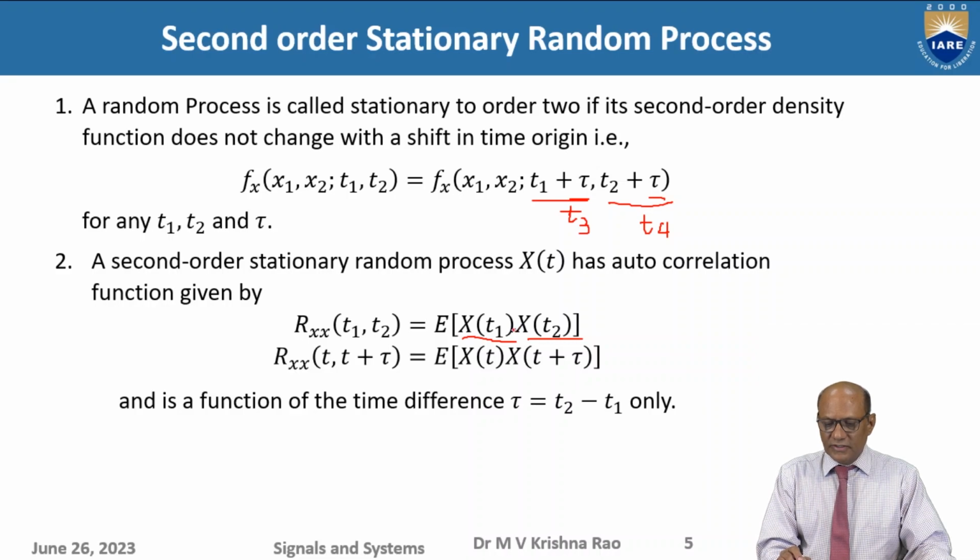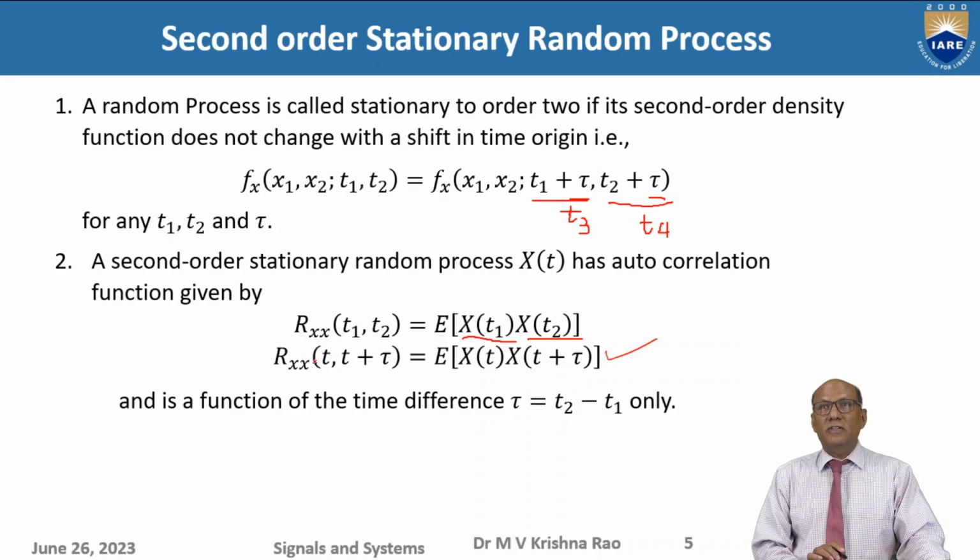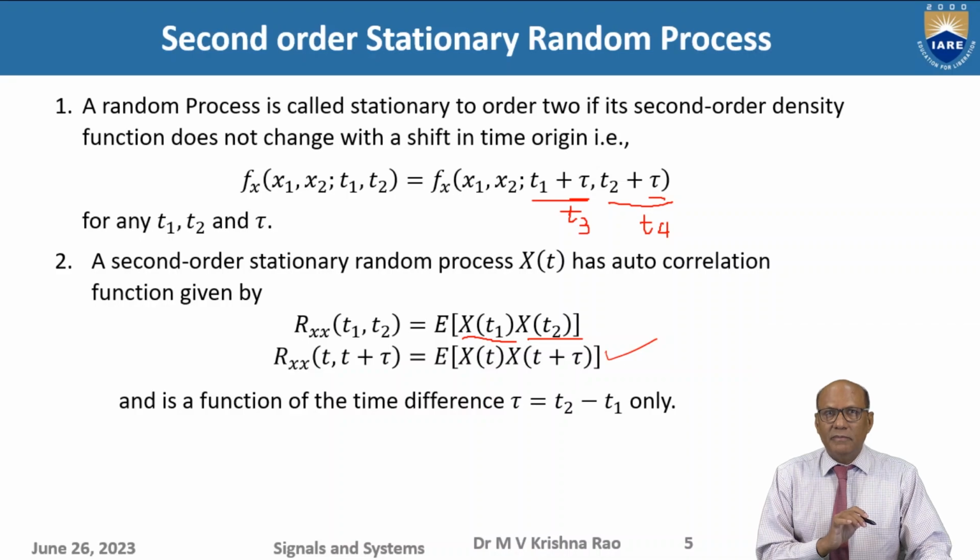Now this is between T2 and T1, and I am replacing T1 equal to t and T2 equal to t plus tau. So the difference is tau. This is how I define it. That means this autocorrelation function will remain the same.